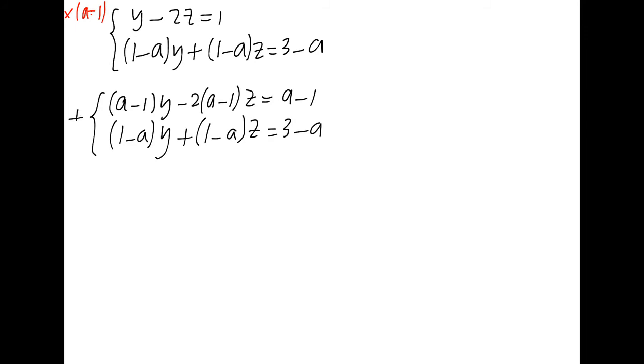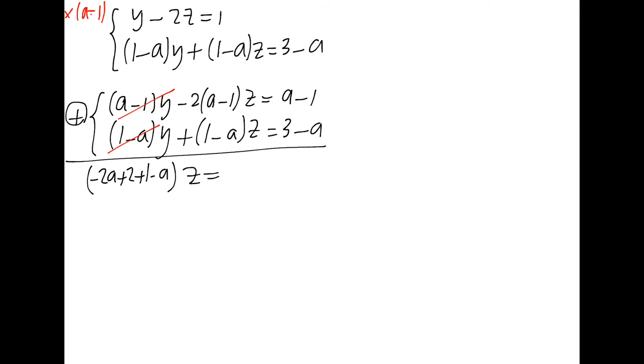Now by adding these two equations, the terms in y, since they have opposite coefficients, cancel out. As for the coefficients of z, we have negative 2a plus 2 from the first equation plus 1 minus a from the second one equals 2.